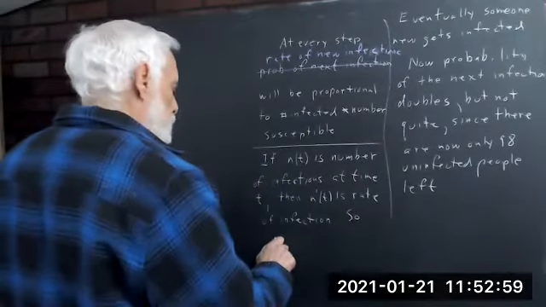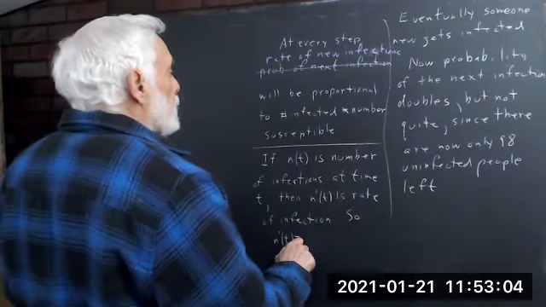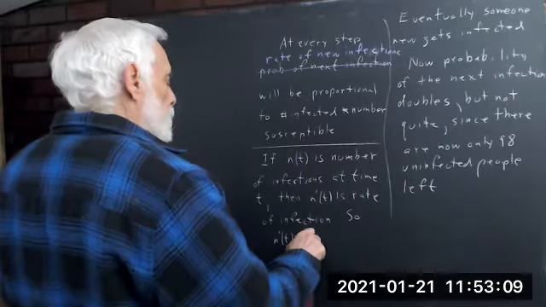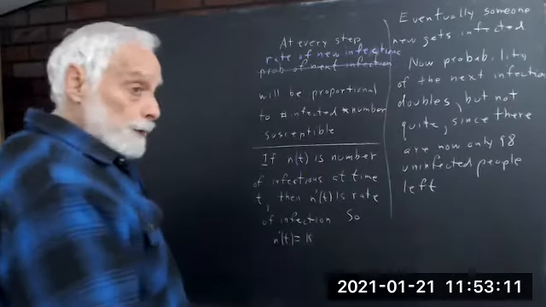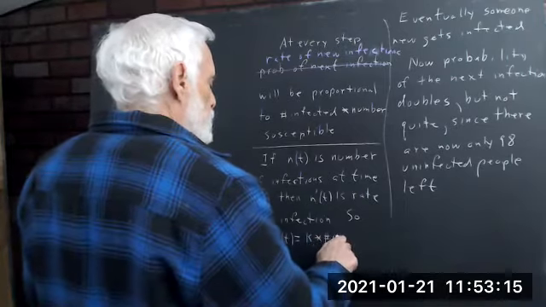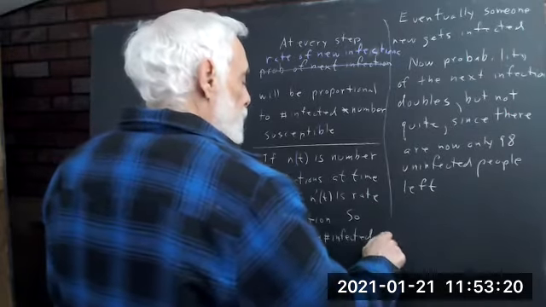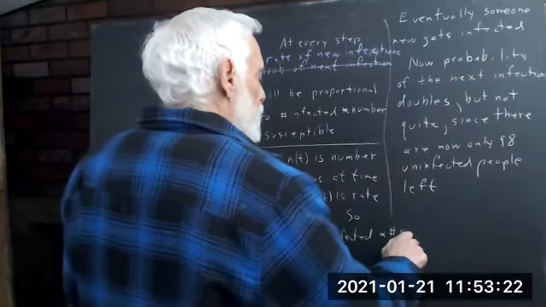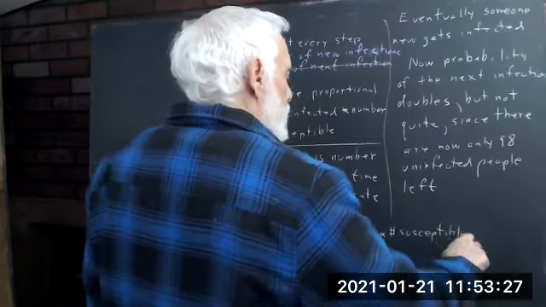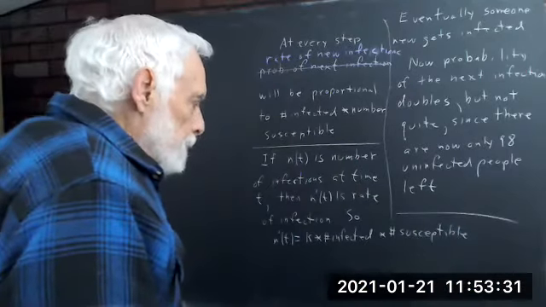So N prime of T is equal to some proportionality constant times the number infected times the number susceptible.